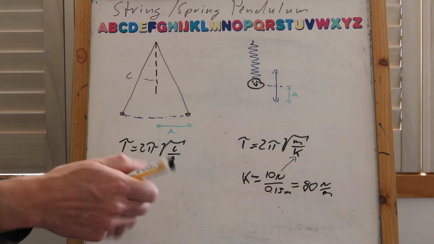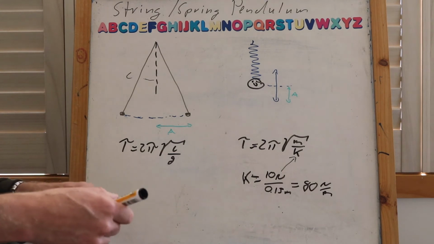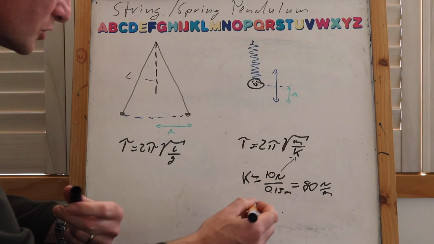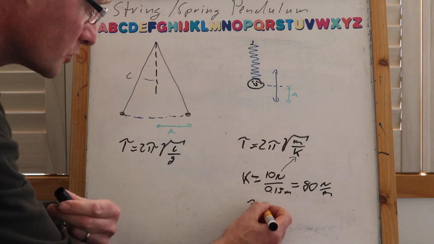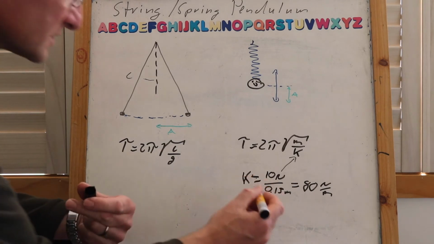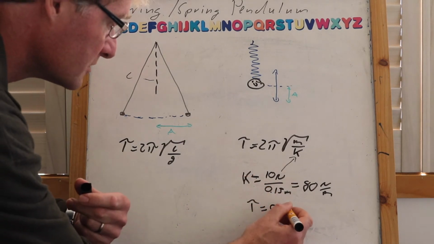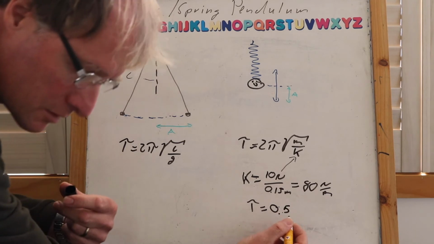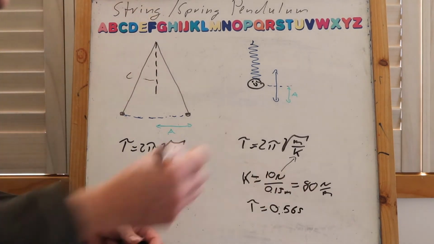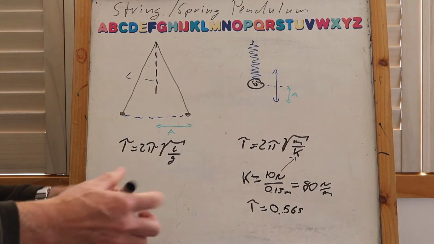Okay? I've also timed my little chicken roughly, and I've worked out that the time period equals 0.56 seconds. Okay?